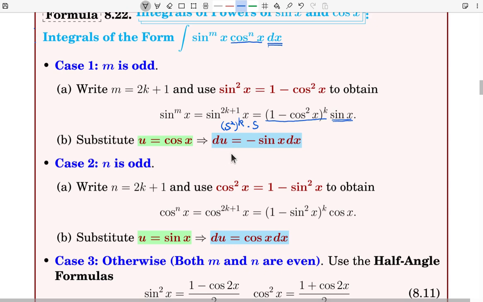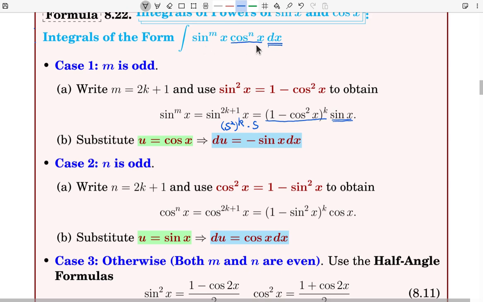That's the idea. So here, now n is 2k plus 1, then we can put aside the cosine, and the remaining part will be an even power, and we can change this portion as a function of sine, so that everything becomes a function of sine.